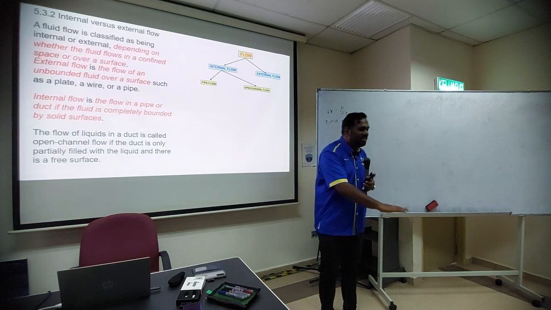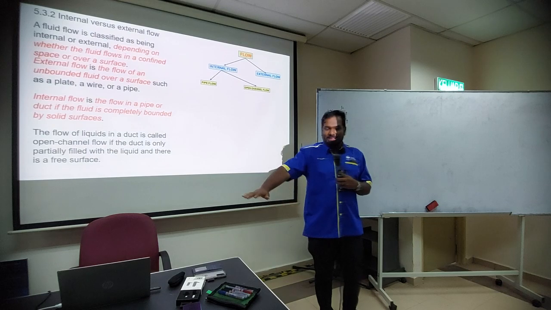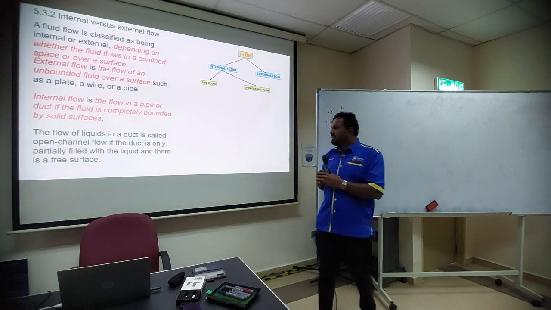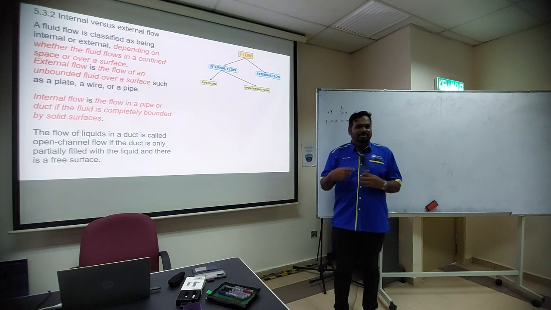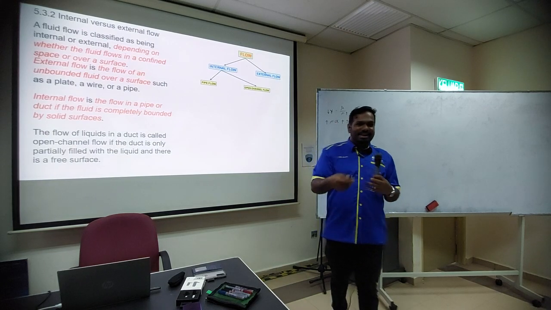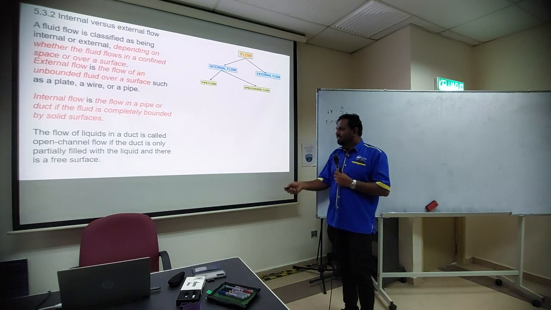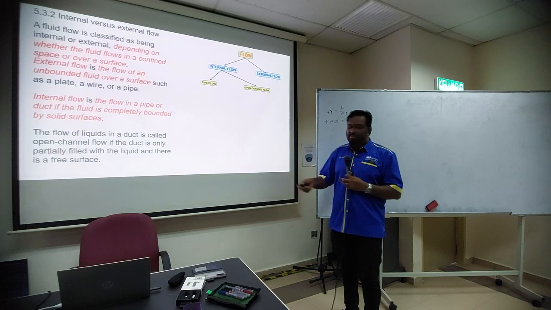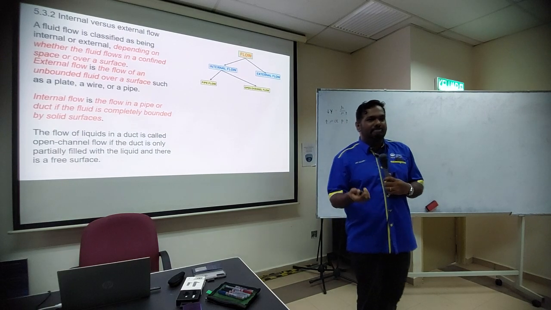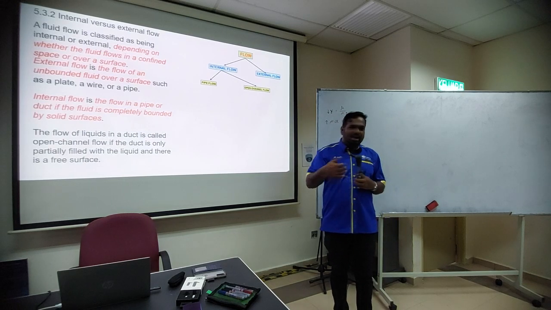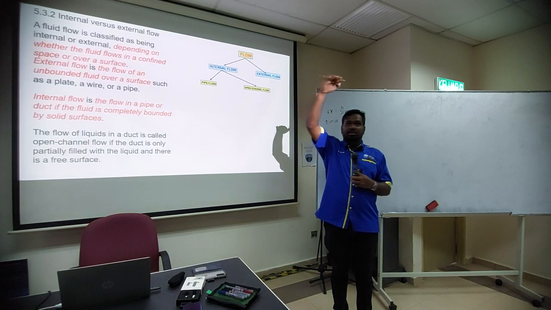Because only a small portion will be covered with water, and the remaining will be open space, so the turtle can survive inside. Similarly, it's partially filled with liquid and there is free space. Then we are not calling it a pipe anymore, we call it a duct. A duct can be underground or even on top.